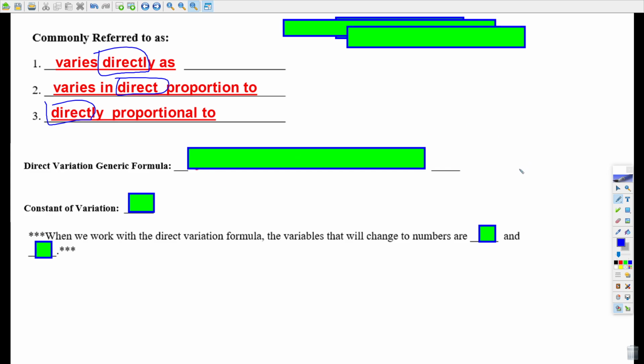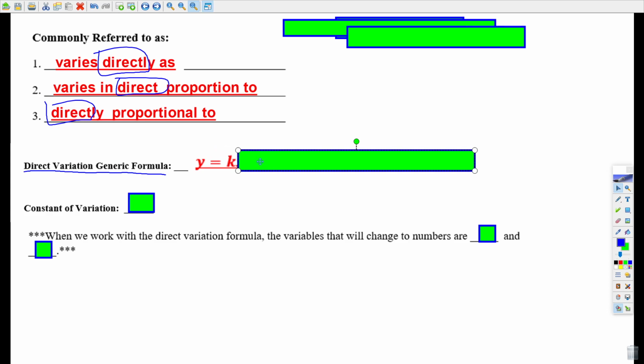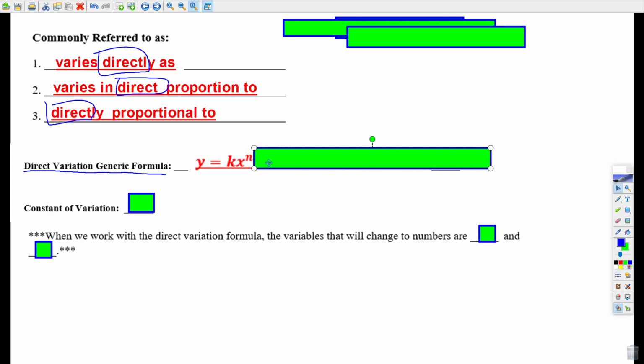It will also lead us to the generic formula for direct variation. Anytime we have direct variation, it's always set up this way: y equals k times x to the n power.